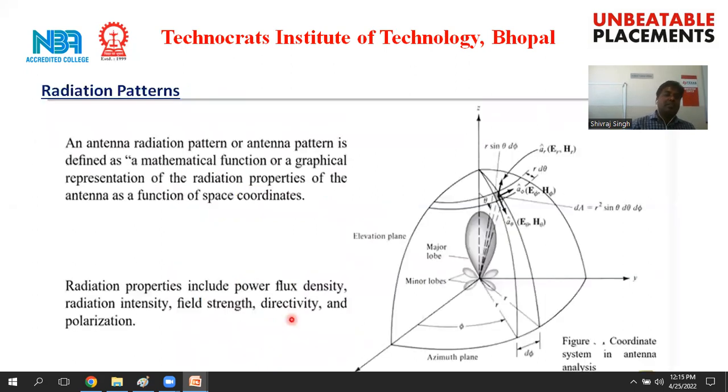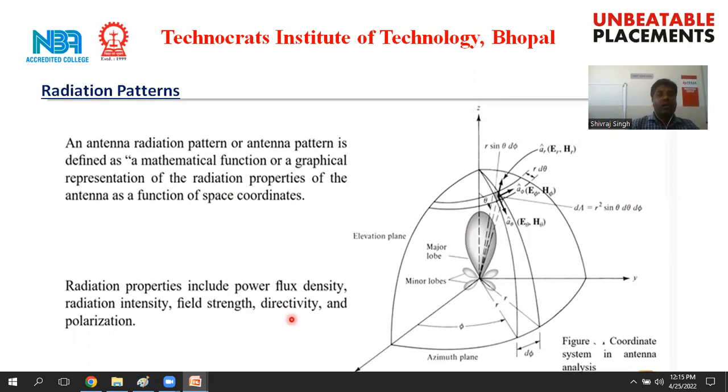Next is the radiation pattern. Basically, the radiation pattern is the graphical representation of the antenna radiation properties as a function of direction, or as a function of space coordinates. These properties are power flux density, radiation intensity, field strength, directivity, polarization, beam width, and bandwidth.